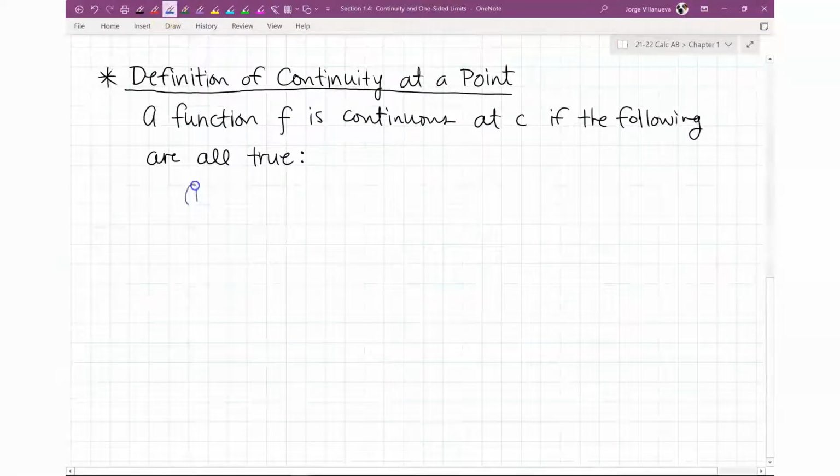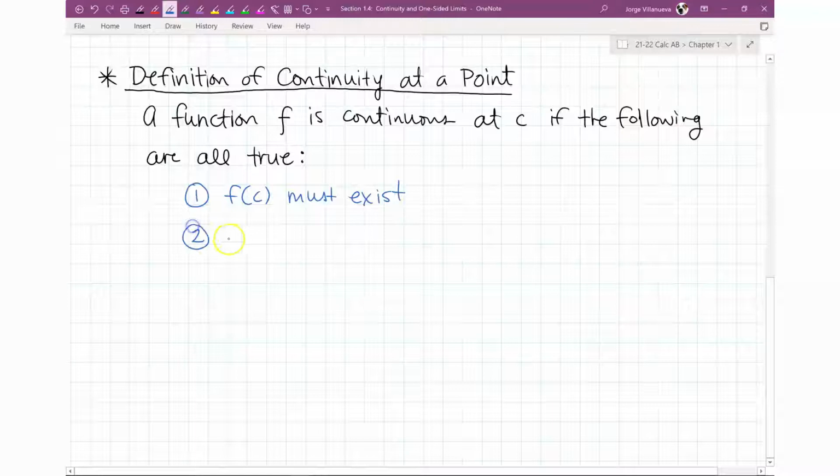So number one, f of c must exist. Okay, so you got to be able to find an actual value for it. So like f of 2 equals 7 or something like that, okay? So f of c must exist.